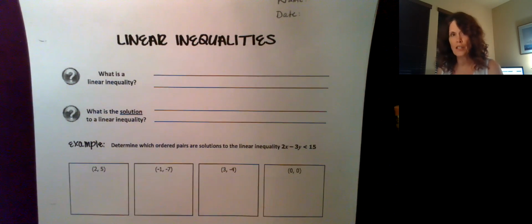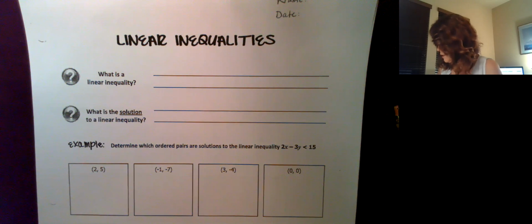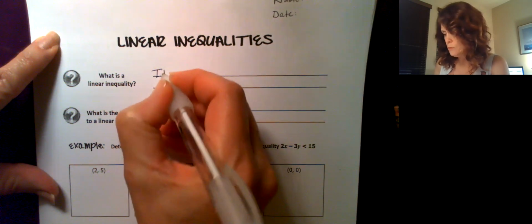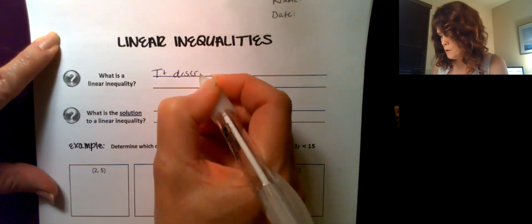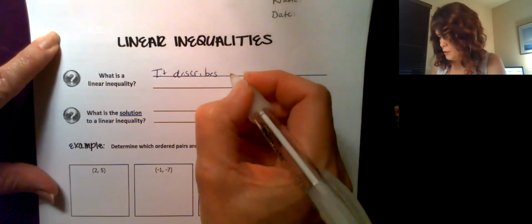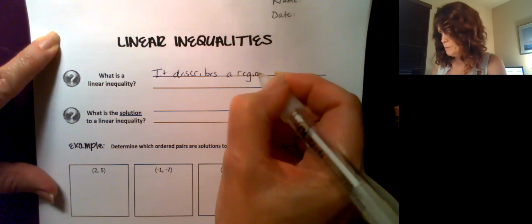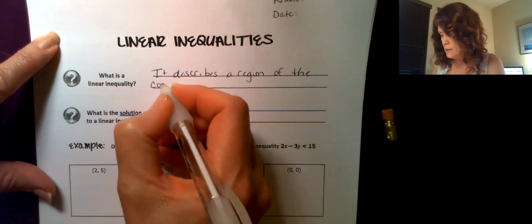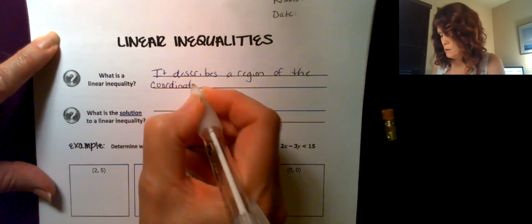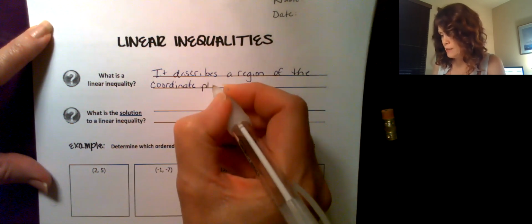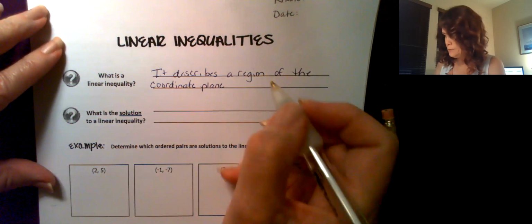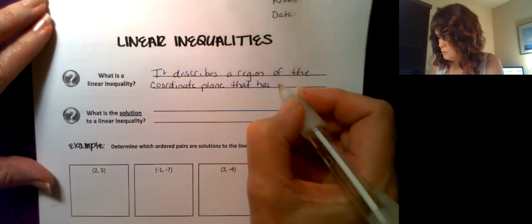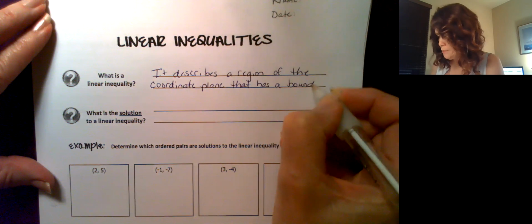Let's just start with a definition of what it is. A linear inequality describes a region of the coordinate plane, that flat surface, that has a boundary line.